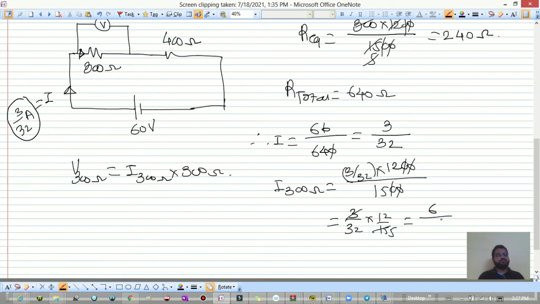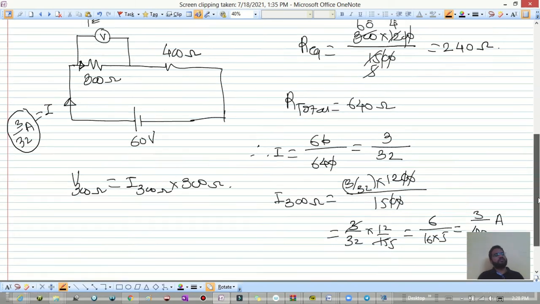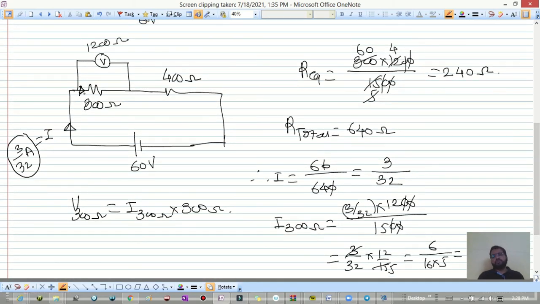So this is 6 divided by 16 into 5, which is equal to 3 divided by 40 ampere. Yes, it is 40 only, 3 by 40 ampere. So this 3 by 40 ampere indicates what is the voltage. So 0 0 get cancelled. We have this is 45 divided by 2, which is equal to 22.5 volts.